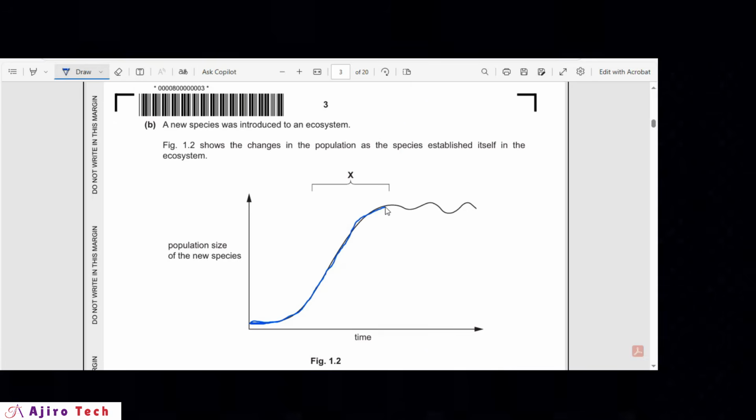It got to this point, it plateaus, even though it was fluctuating, going down, coming back, going down, coming up again. But we have a path that has been mapped out for us here. So let's see what question will be asked about this.